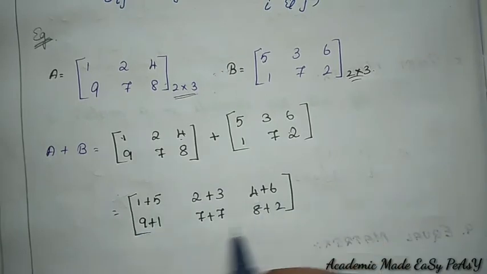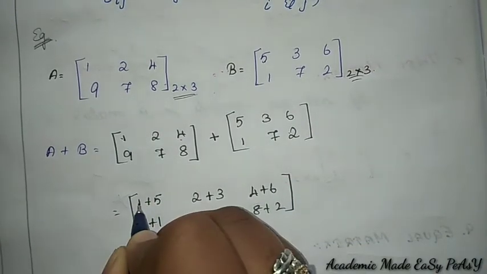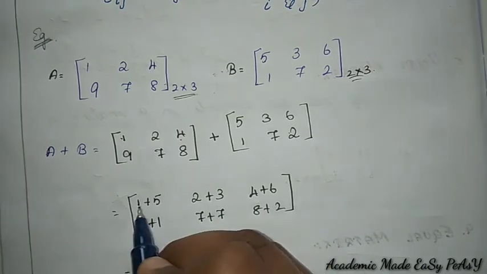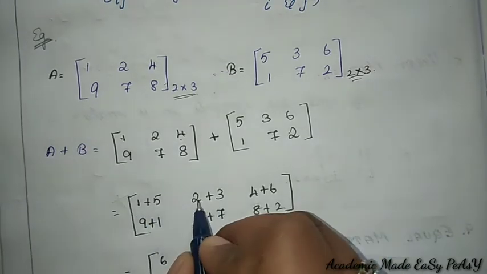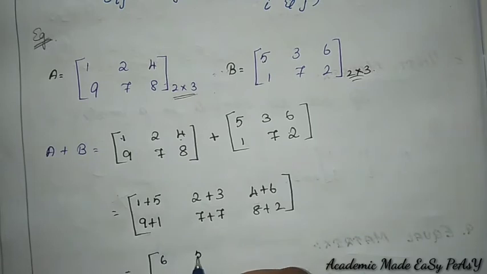Now I will be adding all these elements. What is my first one? 1 plus 5 is 6. 2 plus 3 is 5. 4 plus 6 is 10. 9 plus 1 is 10. 7 plus 7 is 14. 8 plus 2 is 10.